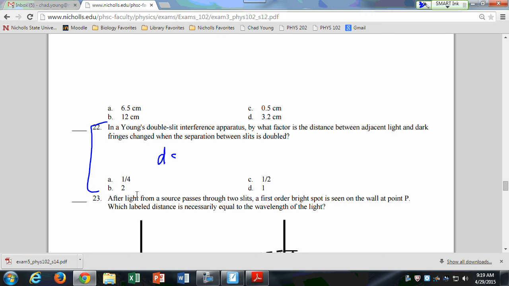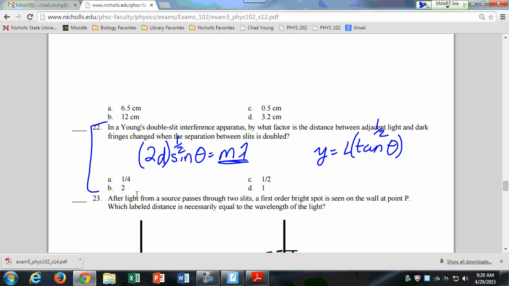All right, so I say d sine theta equals m lambda. And then I also say that y equals L tan theta. All right, so if I double the separation between the slits, I'm keeping this constant. That means I have that angle theta halved. That means I'm going to have this, which means that this distance y is also going to be halved.